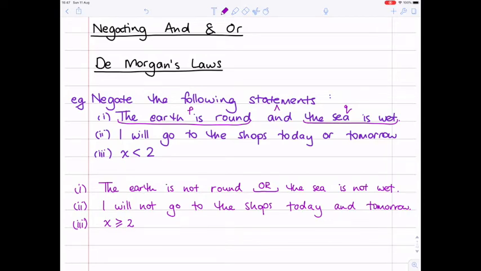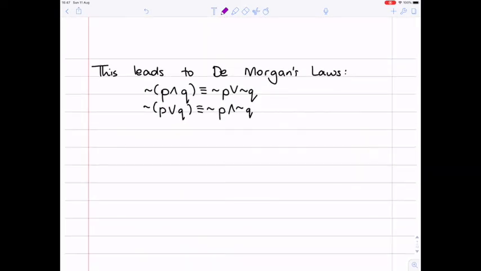So these ideas lead us to De Morgan's laws, which really teach us about distributing not over ands and ors. One thing you might notice is this funny little three-lines equalish looking thing.